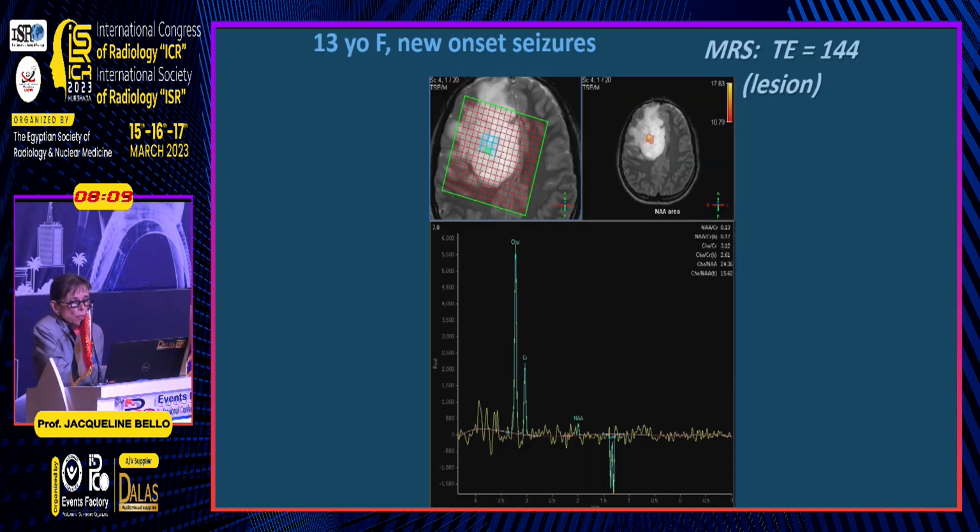Well, let's look at some spectroscopy here, again at a TE of 144. We see a high choline peak, membrane turnover, relative to the creatine. We see a very low NAA peak, and at 1.3 parts per million, we have the doublet inverted at a TE of 144, suggesting necrosis.